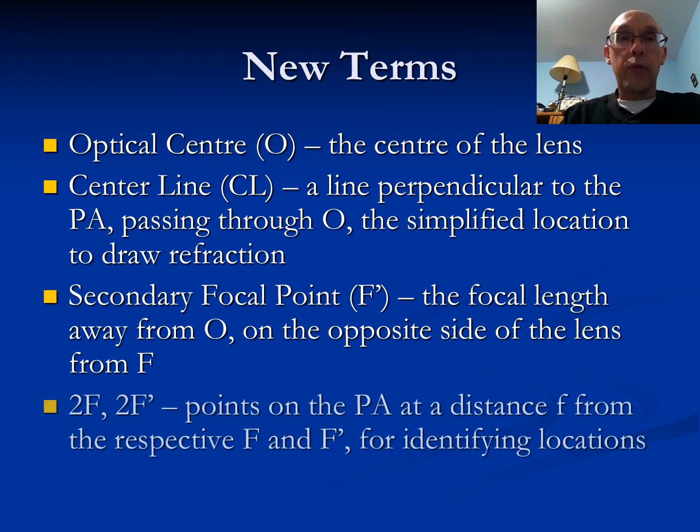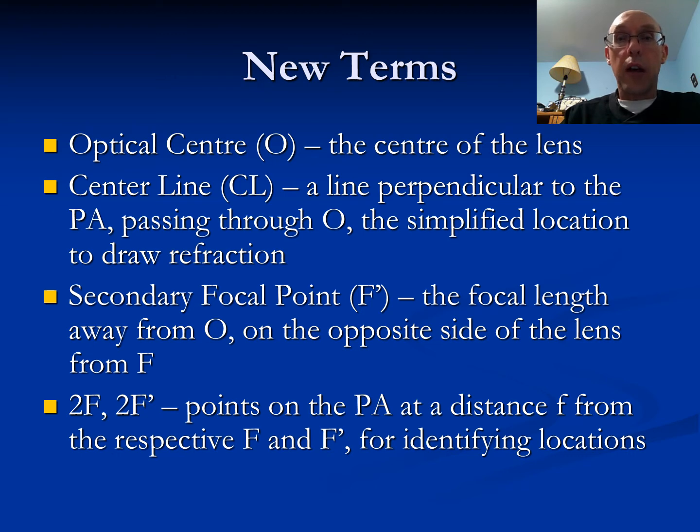Lastly, we have two corresponding terms, 2F and 2F prime. These again are points on the principal axis, the distance F, the focal length, away from the corresponding points of F and F prime, and we use them for identifying locations of either objects or images, much the same way that we used C or F in mirrors. So those are the new terms.